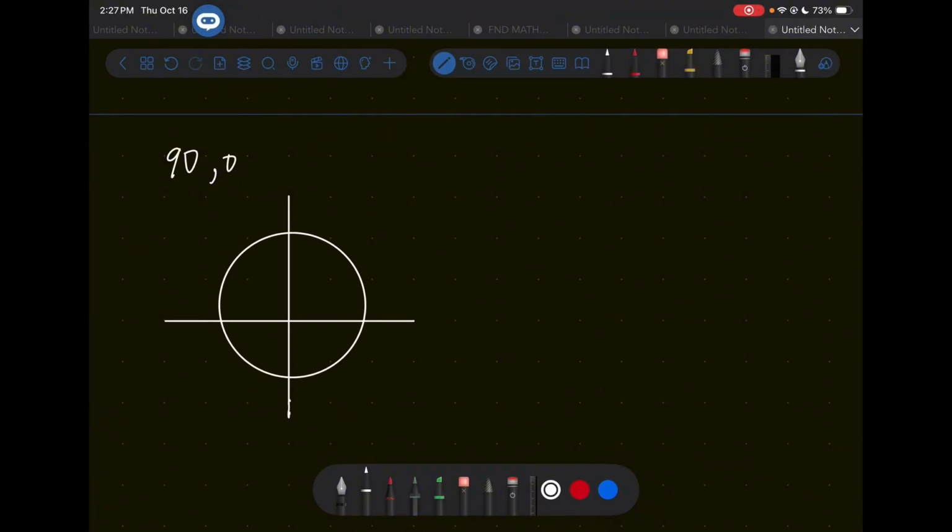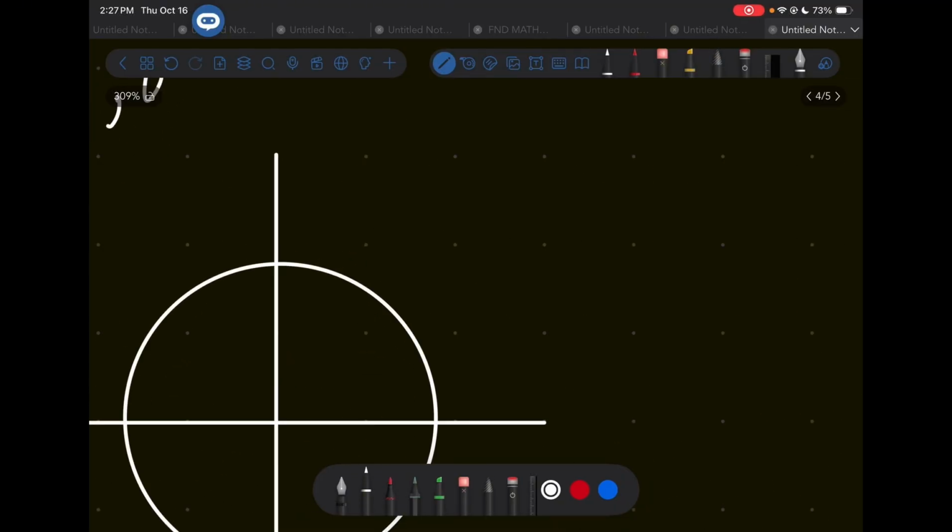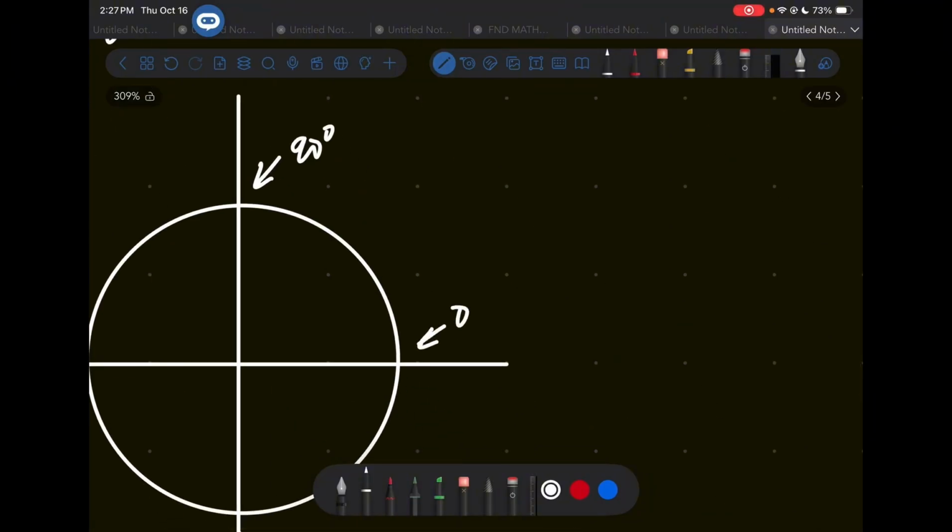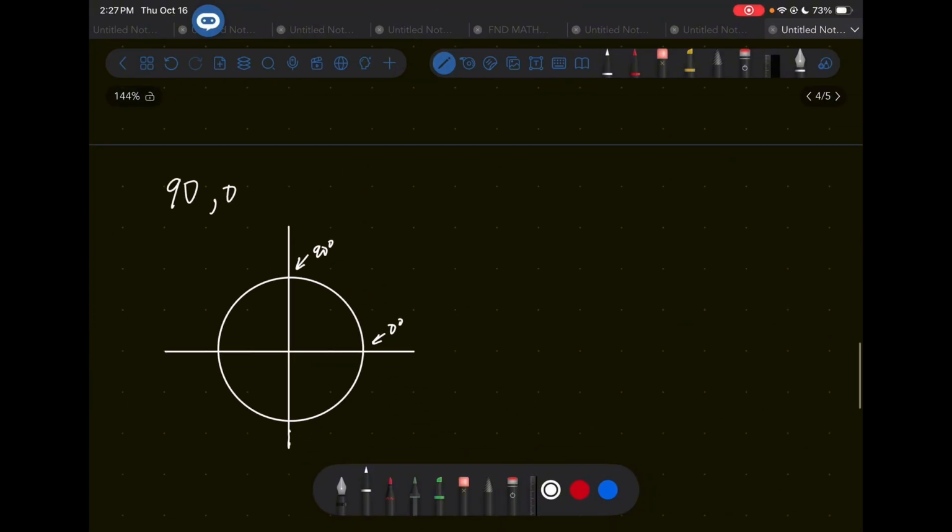Imagine that this is just a perfect circle. This is going to be your 90 degrees, and this is going to be your starting point, 0 degrees. And we know that sine corresponds to your y value, and your cosine corresponds to your x value.